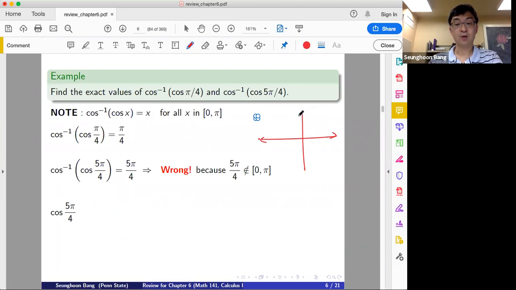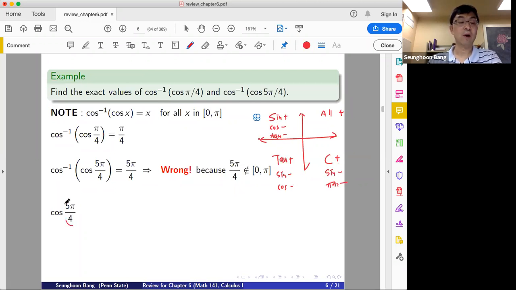We can use this one, which is better. Do you remember this one? All Students Take Calculus. What does it mean? In the first quadrant, all trig functions are positive. In the second, only the sine function is positive; cosine and tangent are negative. In the third quadrant, tangent is positive, sine is negative, cosine is negative. In the fourth quadrant, cosine is positive, sine and tangent are negative.